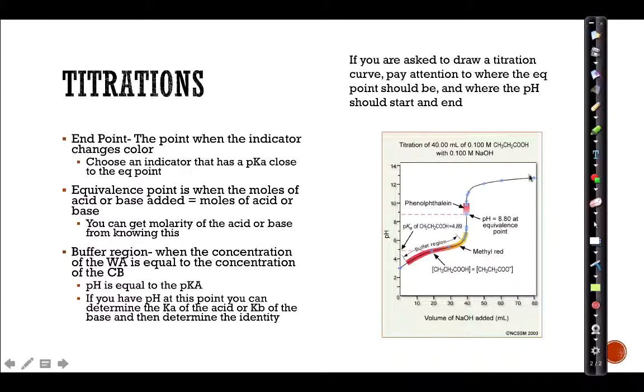And then when you're going up to your ending point, think about where you're going to end up. So if you're titrating with a strong base, it's going to be above 7, maybe not quite at 14 though. And think about where your equivalence point should lie. Should it be above 7, below 7, at 7? Think about those things when you draw your titration curve.